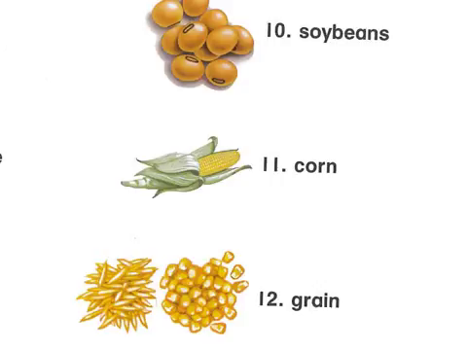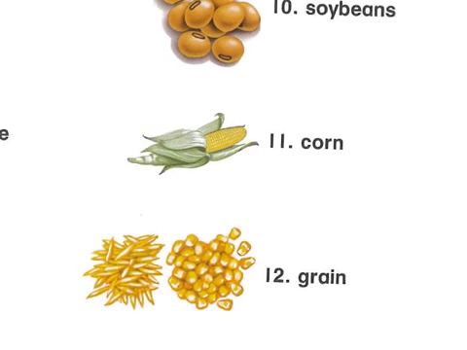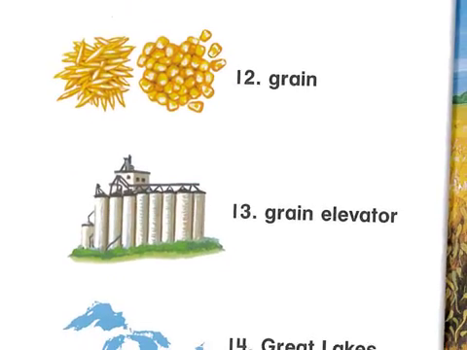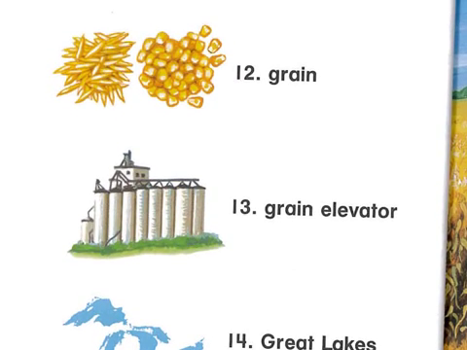Grain. Different types of grain. Corn is a grain. This looks like could be wheat. Grain. This is a grain elevator. Okay, so grain is stored in here.